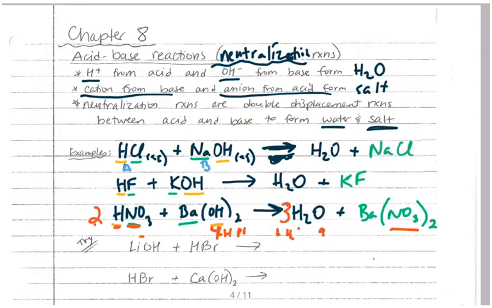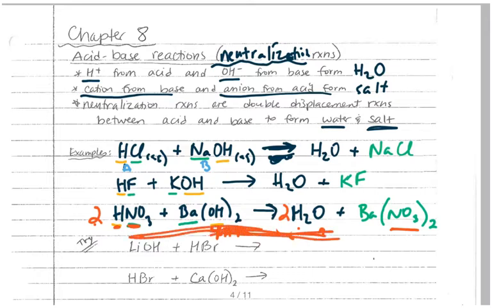So I only need to put a 2 here. So this should say 2 H2O's. And now I have 2 times 3 is 6 oxygens plus 2 is 8 oxygens, and 2 plus 6 is 8. Okay, so now I am balanced.